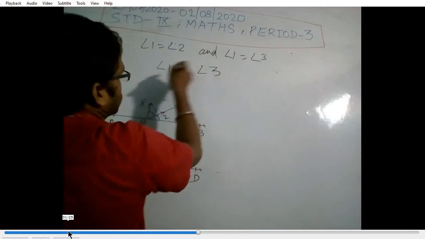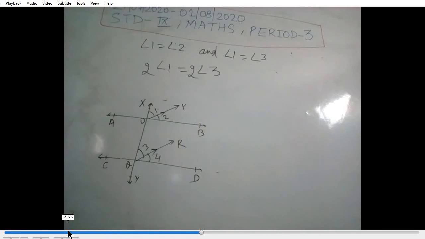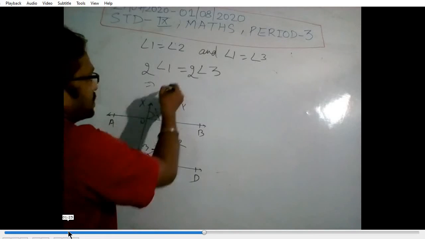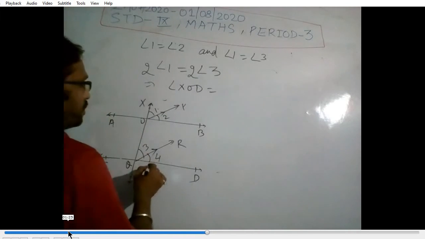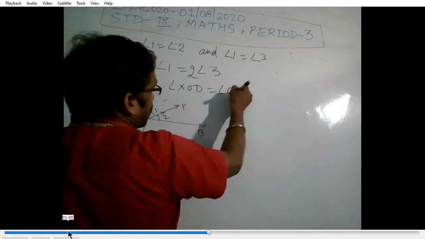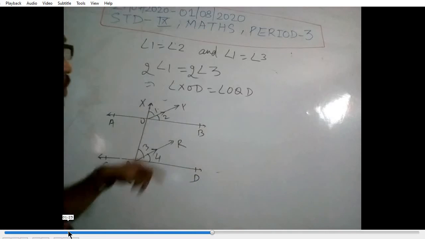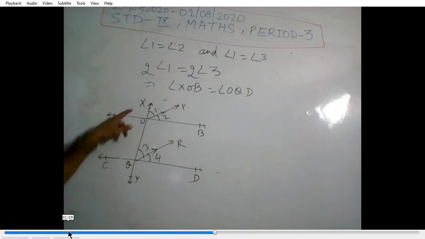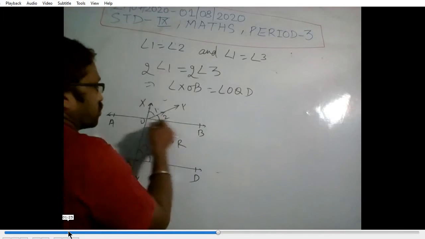So if I double it, 2 times angle 1 is equal to 2 times angle 3, that is also correct. 2 times angle 1 means angle 1 plus angle 2, that is angle XOB, and 2 times angle 3 is angle OQD. That should be here. XOB is equal to angle OQD. Hence, it is proved AB parallel to CD.